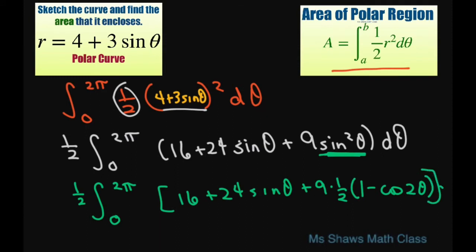And this is d theta. So on the next slide, this is going to end up being 9/2 plus 16. And then you have to also multiply it by this. So let me do that next.